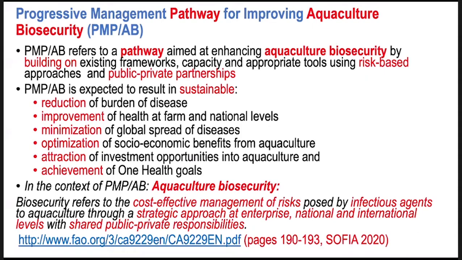And in the context of the PMP, aquaculture biosecurity is defined as the cost-effective management of risks posed by infectious agents to aquaculture through a strategic approach at enterprise, national, and international levels with shared public-private responsibilities.